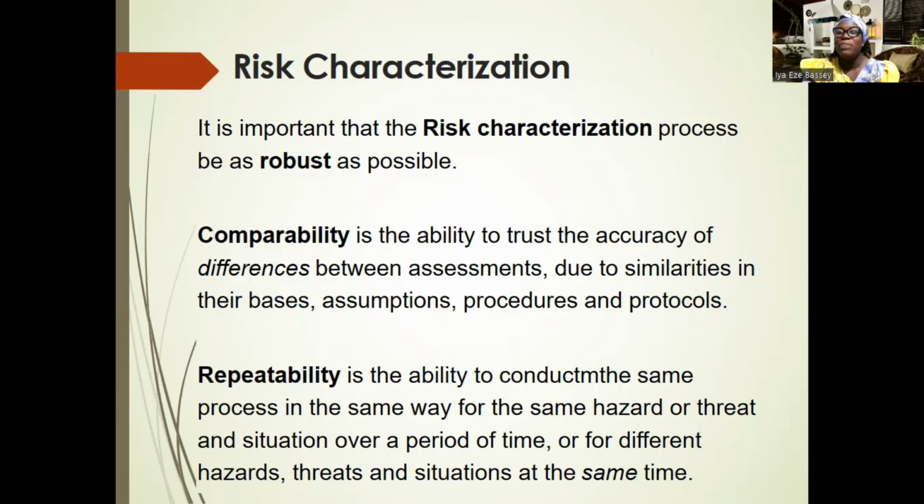You should also be able to conduct that same process in the same way for the same hazard over a period of time and still get the same kind of results. That is repeatability. That is when you will know that your risk characterization process is robust.